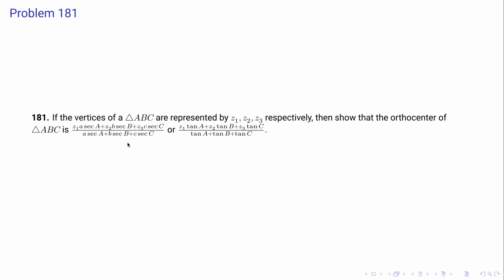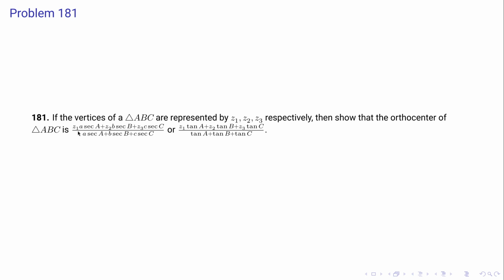So there are two problems which are lengthy. One is this calculation of orthocenter. Another would be the calculation of circumcenter. So this problem asks us to find the orthocenter of a triangle whose vertices are represented by Z1, Z2, Z3, and these are two values of orthocenter which we have to obtain.